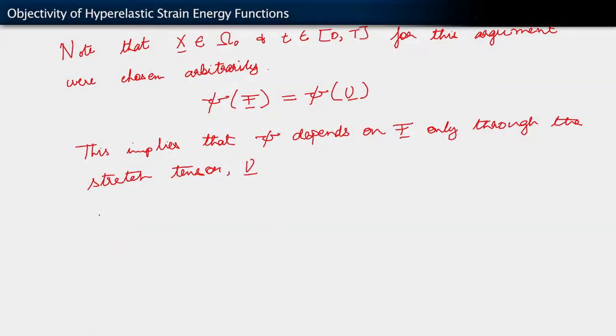All right, but now we observe something. We say, okay, if psi depends only upon U, it implies many other things.